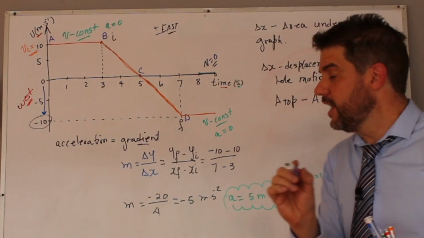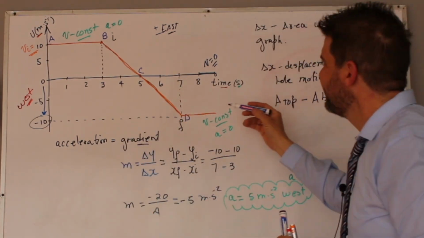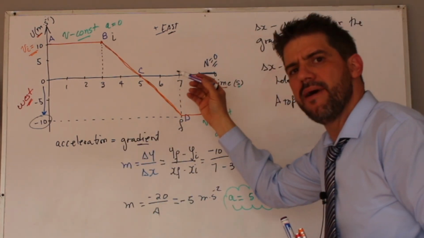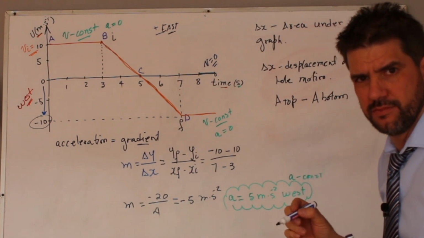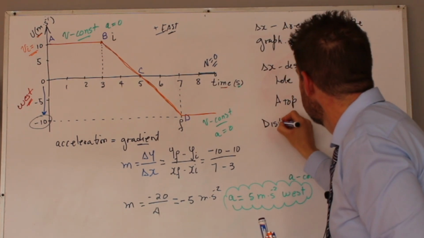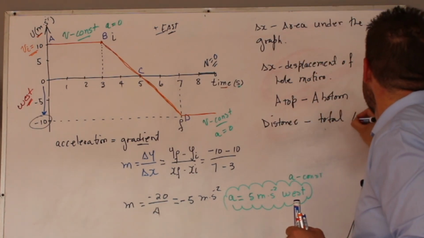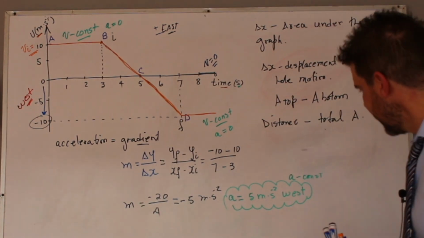That one is tricky. If you want to calculate the displacement of the whole motion, it's the area on top minus the area at the bottom. If you calculate distance, it's going to be the total area. And let's explain that one.